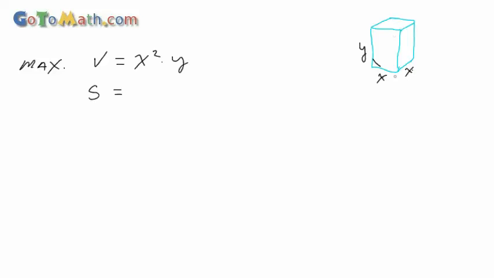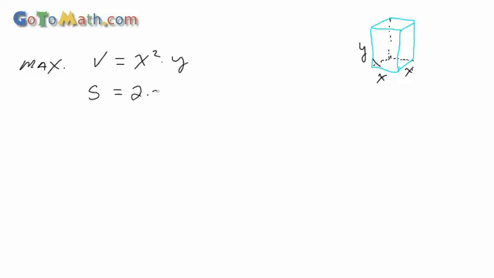So that's pretty easy. We have x times x, so that would be the bottom, the dotted line, so we can't really see that in there. Okay. So we have the bottom, plus the top. So that would be two of them.